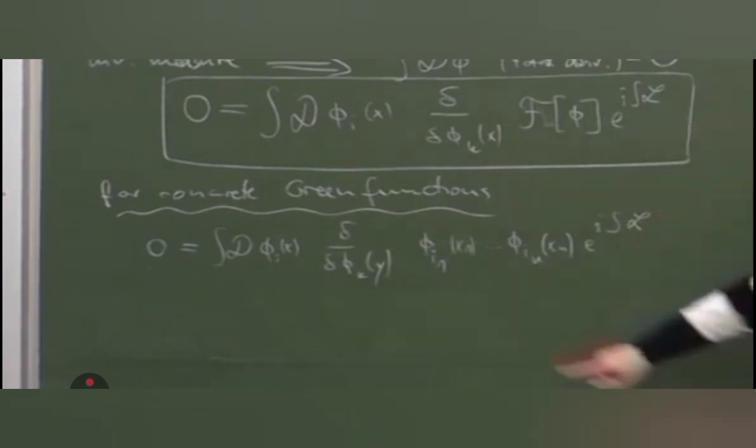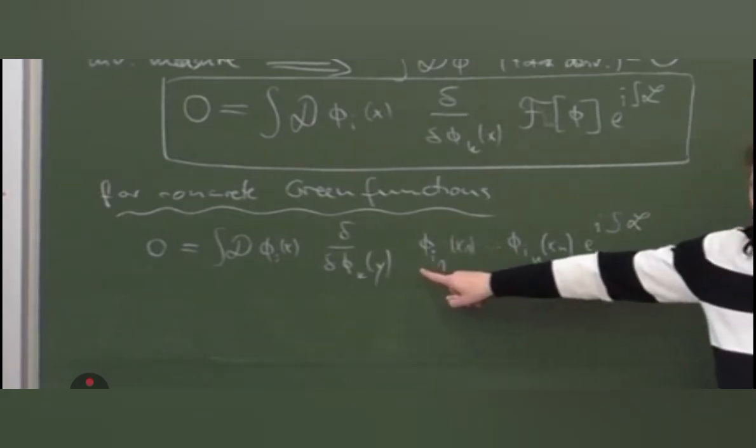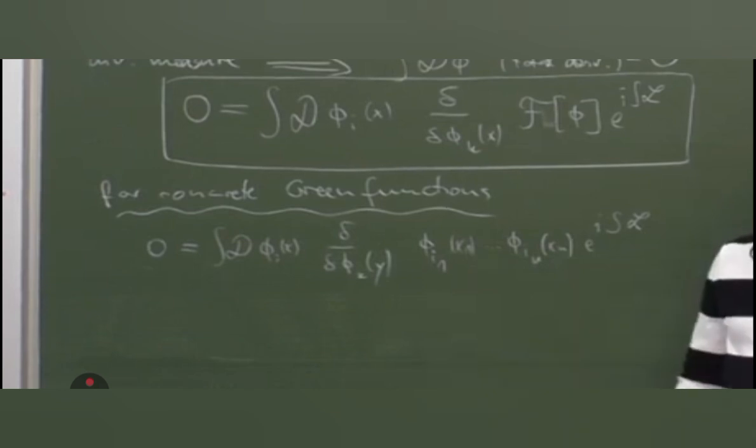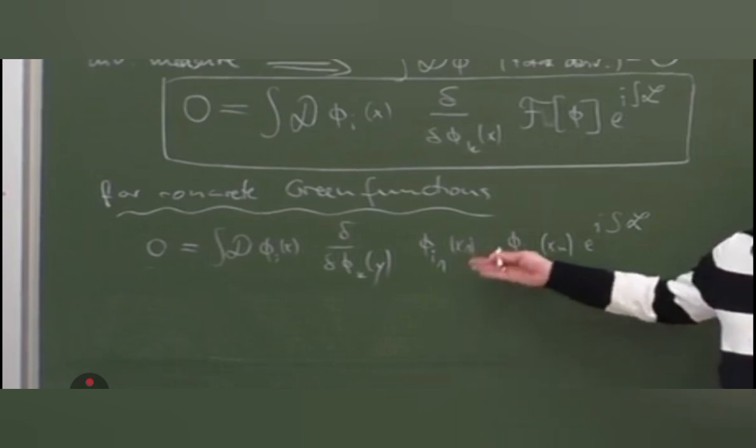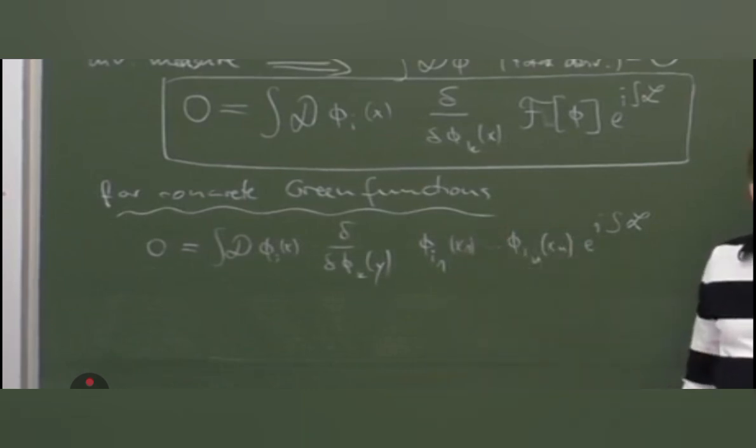And so why these indices? In general, we have a lot of different field operators, and we call them phi 1, phi 2, phi 3, and that might stand for the photon field, the electron field, the Higgs field, and so on.